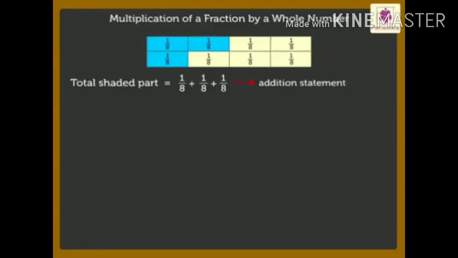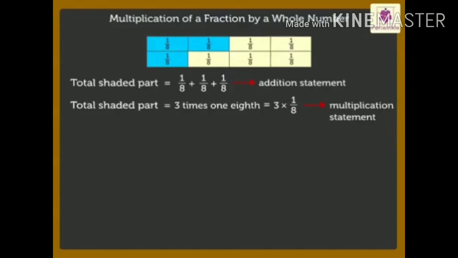Also, as there are 3 shaded parts, each being 1/8 of the rectangle, we can say that the total shaded part is equal to 3 times 1/8, which is equal to 3 into 1/8. This is the multiplication statement.